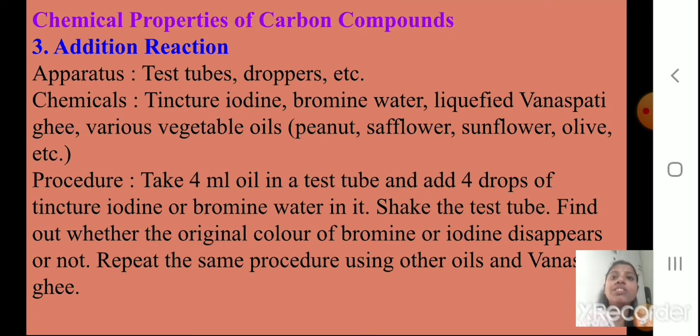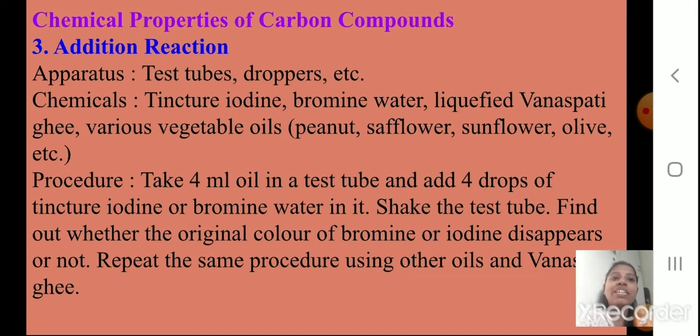Now this is the third property which we are going to see, that is the addition reaction. The apparatus you are going to require is test tubes, droppers, etc. We are going to take the chemicals: tincture iodine, bromine water, liquefied vanaspati ghee, and various vegetable oils.